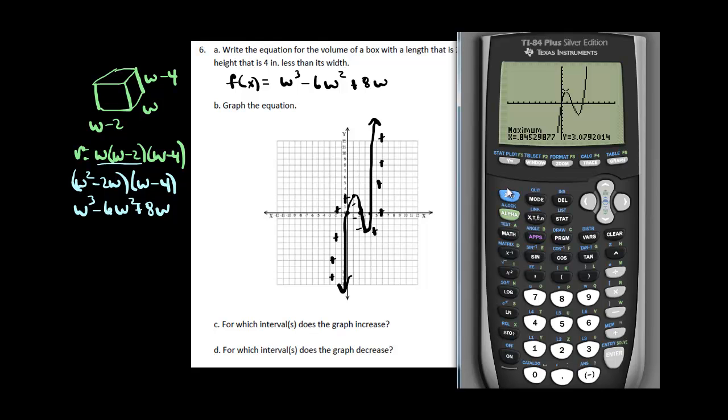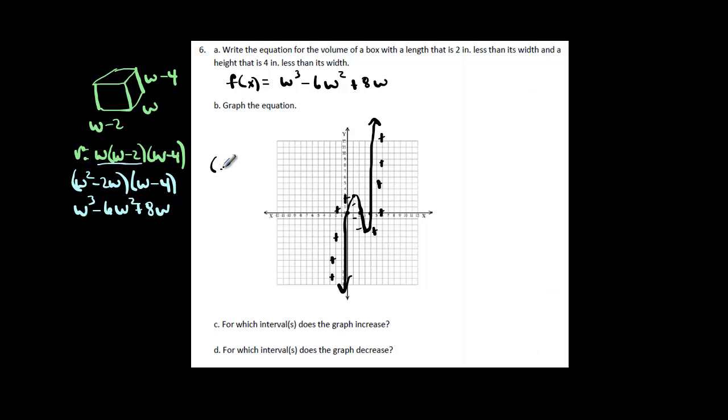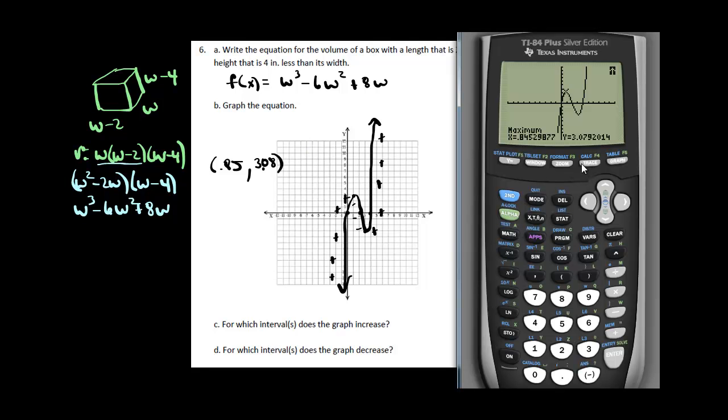And let's just write that down. So the local max, 0.85, comma 3.08. And then let's find the local min. Second trace 3.